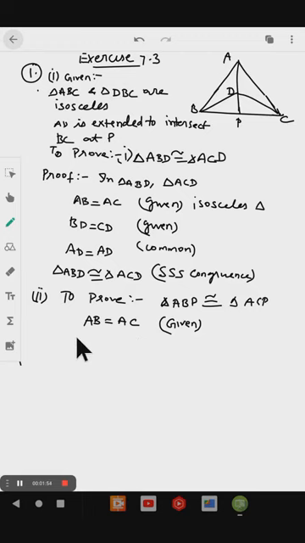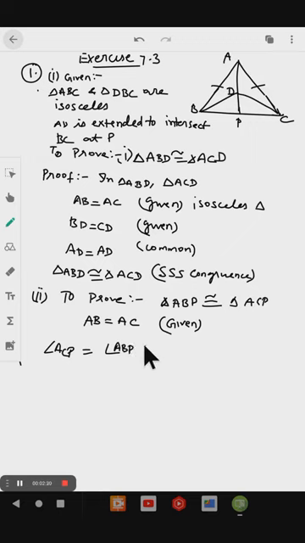Then we'll take the angles. Opposite to AB is angle ACP, and opposite to AC is angle ABP.